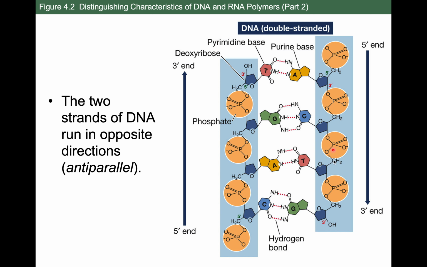And then we've got a second polynucleotide chain here, again with the nitrogenous bases all pointing off one side. And these two strands are oriented in opposite directions relative to each other, so they're considered to be anti-parallel to each other. And as I mentioned, they're going to be stuck together with these hydrogen bonds, the little red dots you can see here, between the nitrogenous bases.